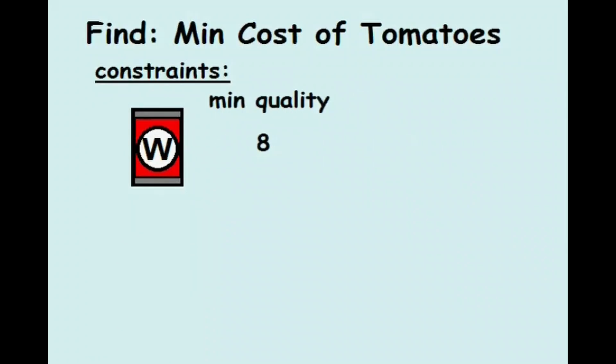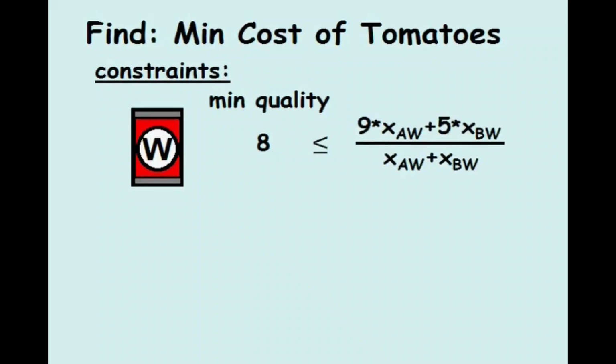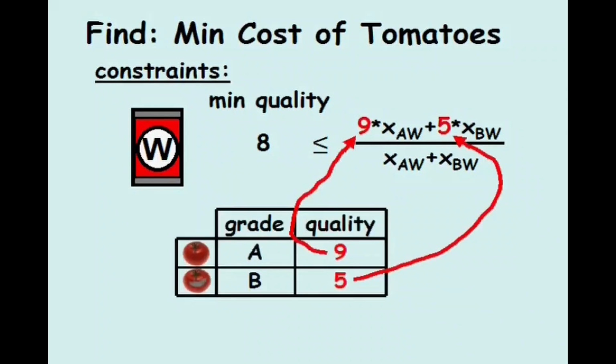The minimum quality rating required for whole tomatoes is 8. Therefore, the weighted average of the quality rating of grade A and grade B tomatoes used to produce the whole tomatoes must be at least 8, where coefficients 9 and 5 refer to the quality rating of grade A tomatoes and grade B tomatoes, respectively.